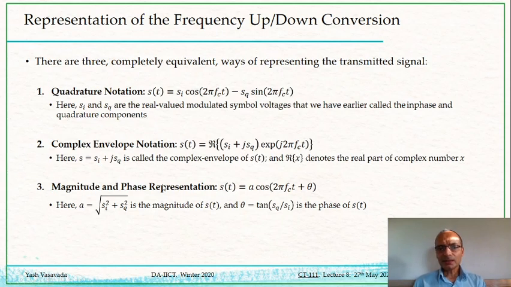And then finally, the third way of looking at the signal is what is known as magnitude and phase representation. You can write this quadrature equation alternatively simply as this: A times cosine of 2 pi fc t plus theta, where A is square root of SI square plus SQ square, and theta is tan inverse of SQ over SI.